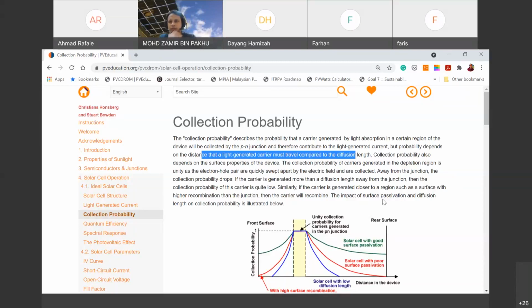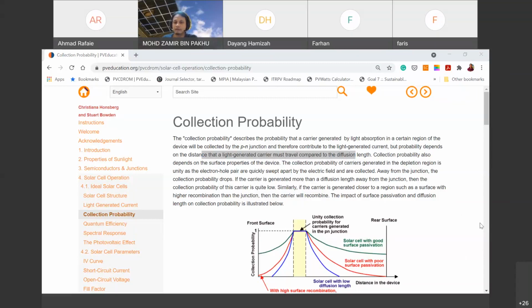So we discussed before that in order for the carriers to be collected, the distance that a carrier has to travel has to be less than its diffusion length. That means if the diffusion length is larger in comparison to the distance it has to travel, it will reach the destination. The destination here means it will get collected.